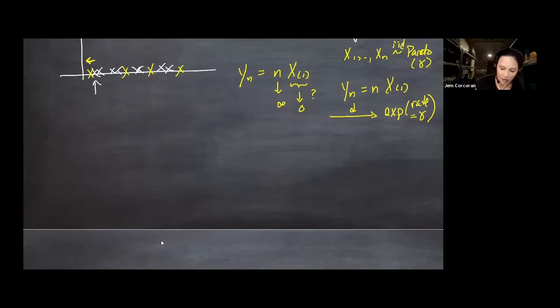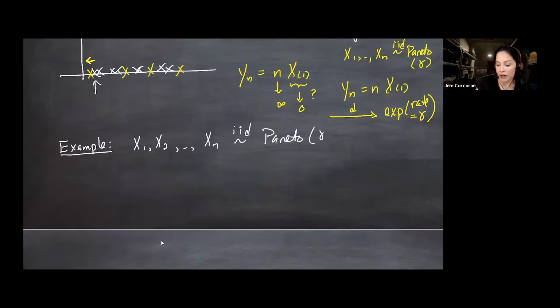So here is a new example. Suppose that I have X_1, X_2 through X_n, and these guys are IID from, again, the Pareto distribution with parameter gamma. And let's investigate the convergence in distribution of just the minimum.